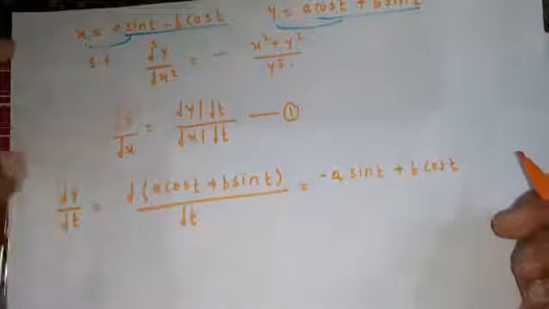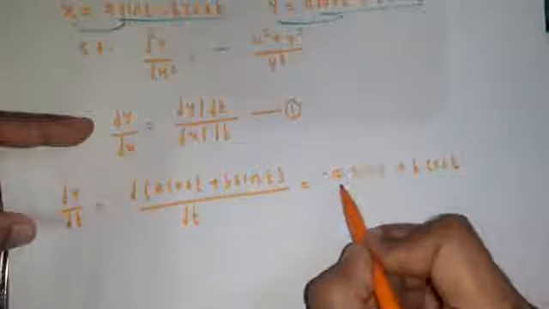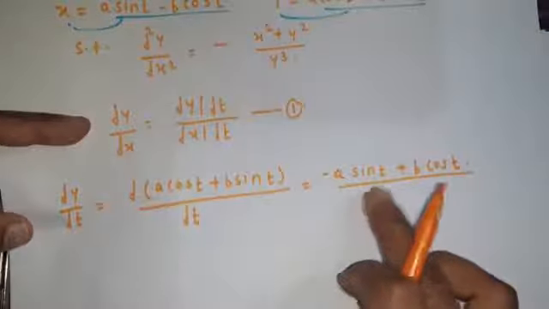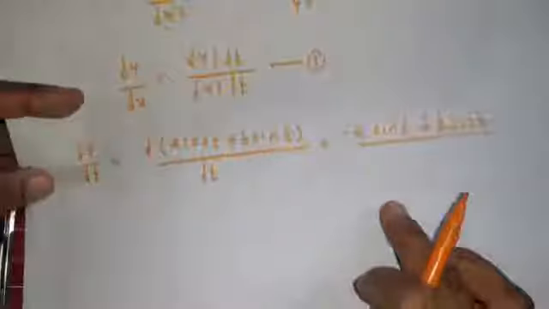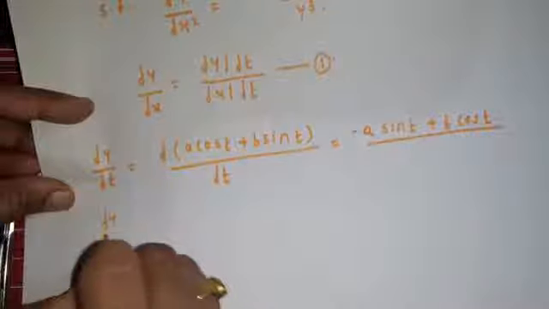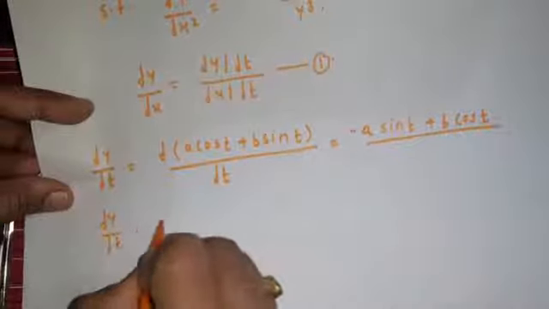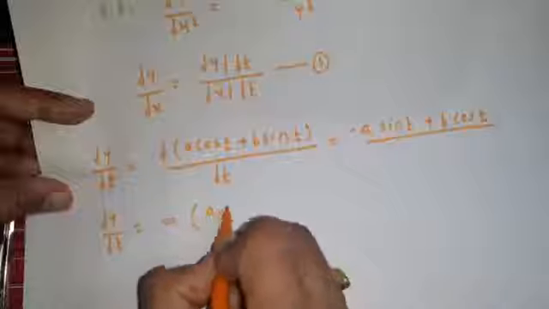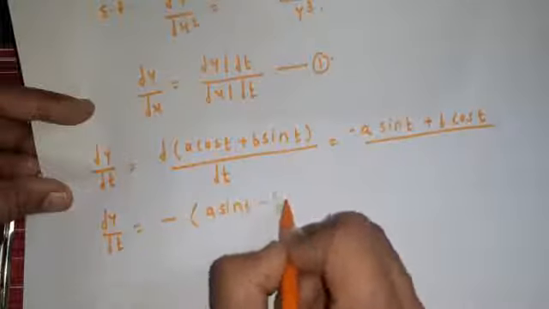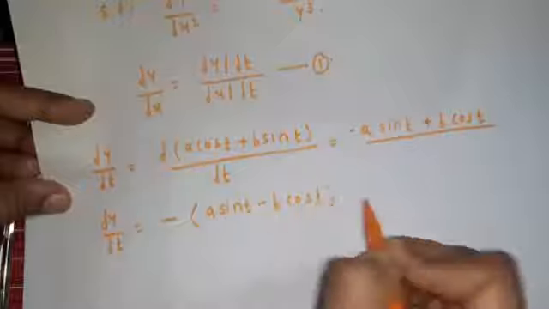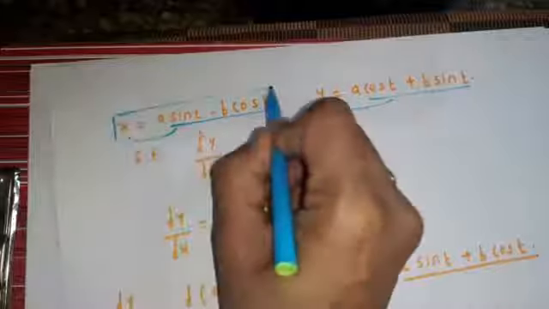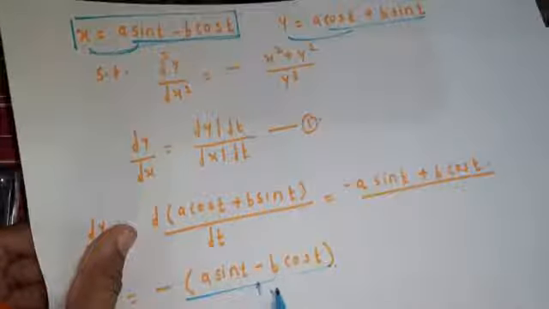Okay, students. So here dy by dt equal to this one. If we common out the minus sign from here, then what will we get? dy by dt equal to, common out the minus sign, we will get a sin t minus b cos t, and this is the value of x. x equal to a sin t minus b cos t, this is the value of x from given.